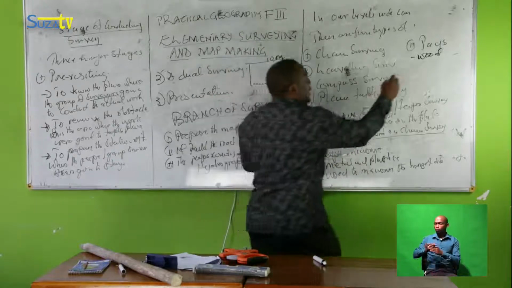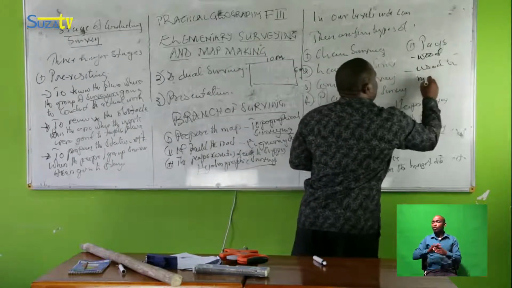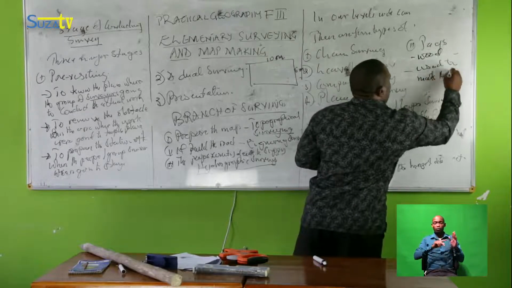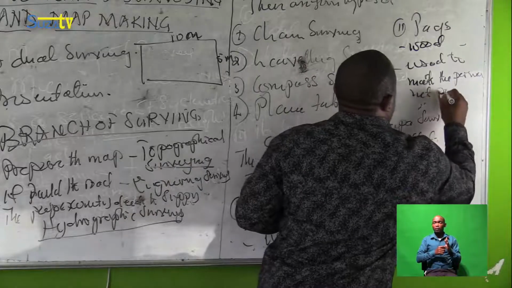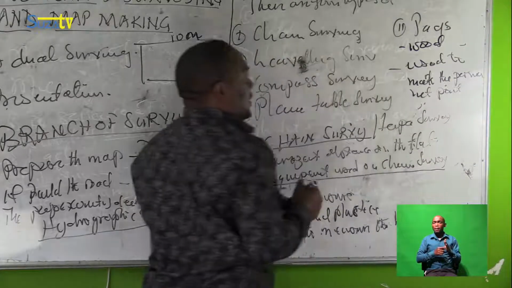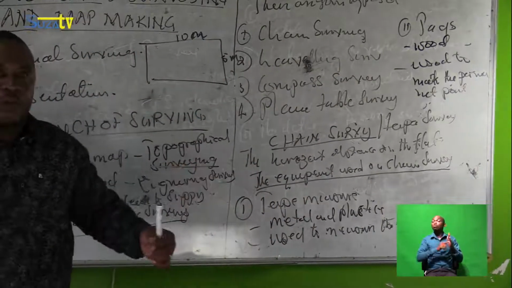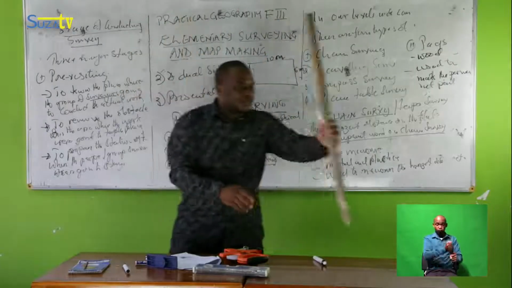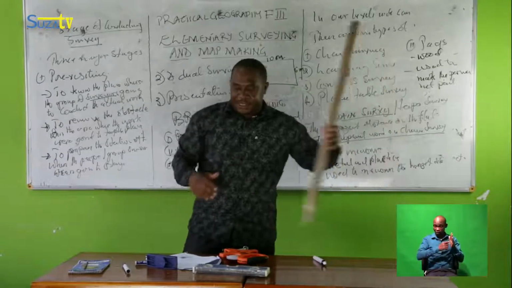Used to mark the permanent point here, to make a permanent point. So if we are measuring and we get 10 centimeters, we can take a peg. In the first position, you can put a peg, and in the last position, you can put your peg. So we can know this is a distance of 10 centimeters.